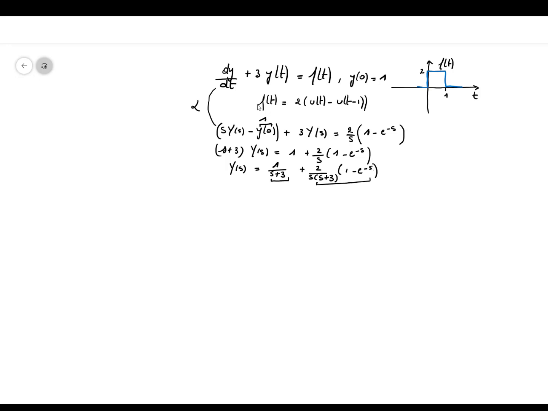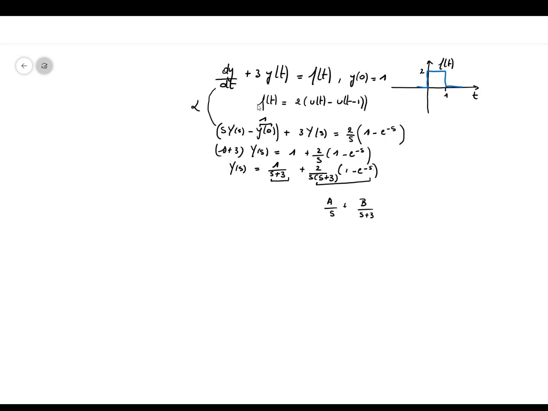So what we need to do now is kind of write this in partial fractions, but you have to pay attention. What I often see at the time of the exam is that students write this as something a over s plus b over s plus 3, and they do this for the whole term over here. This will not work because of the e to the minus s.